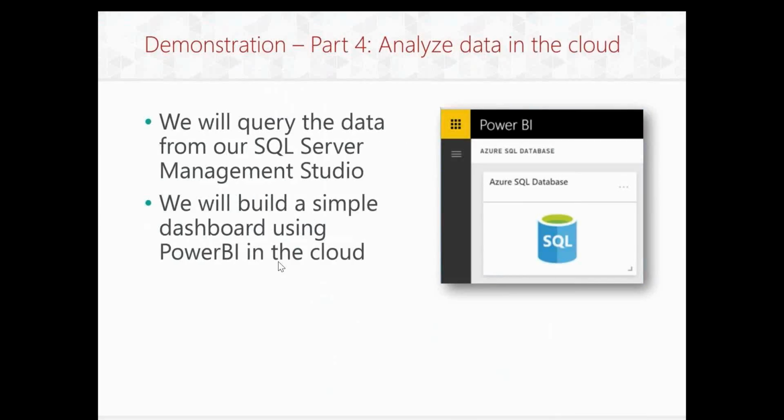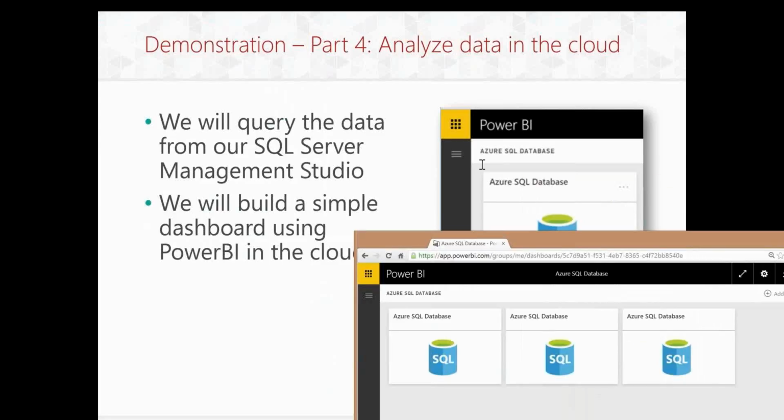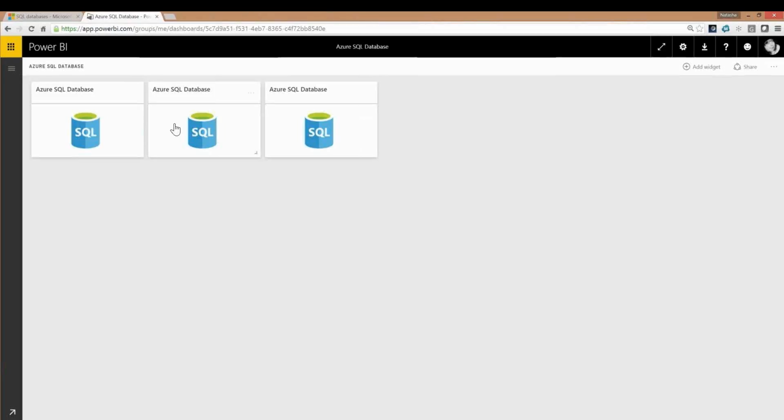And now, kind of a good conclusion to this is how would you use all of this data? How would you use the data in the cloud? One of the things that Microsoft offers is Power BI in the cloud. And let me switch over to my browser here. And one of the things that you can do with Power BI is create dashboards on the fly.